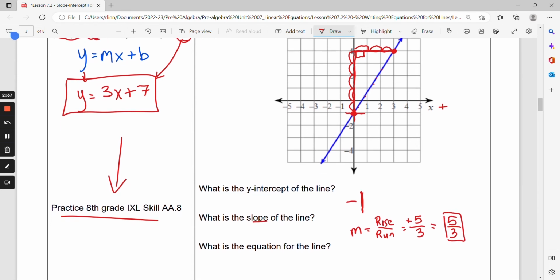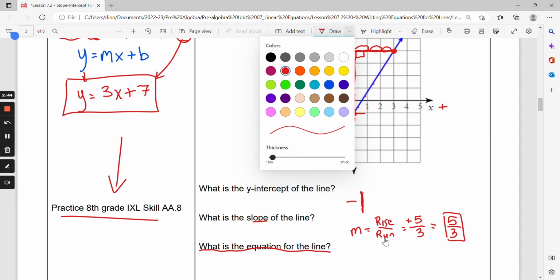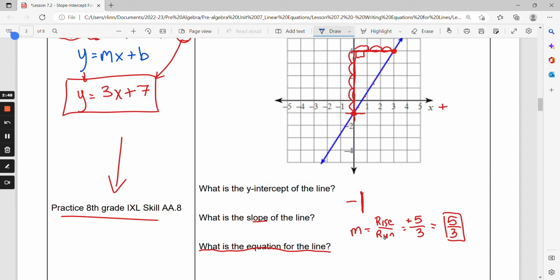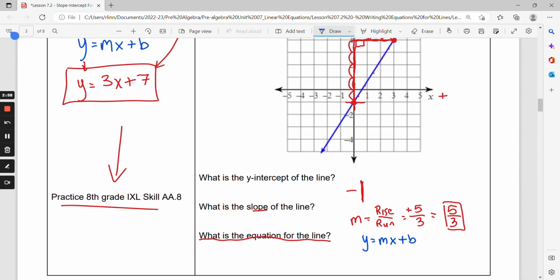Now the last question here is finally asking me, what is the equation for this line? So anytime that I'm trying to write an equation for a line in slope-intercept form, I'm going to start out by writing slope-intercept form. So y equals mx plus b. Now that I've written slope-intercept form as y equals mx plus b, I can go ahead and start to substitute in.